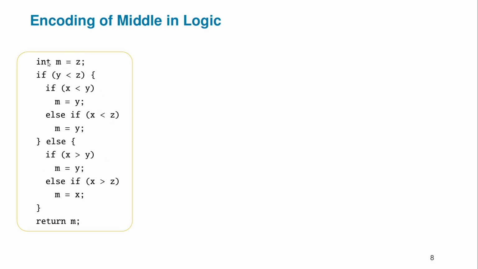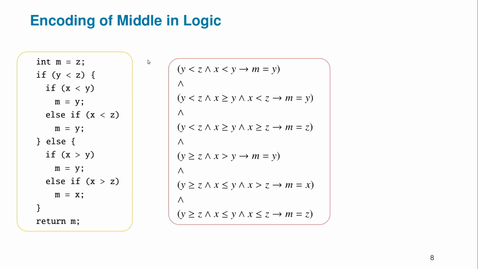And this is really easy because we do not have any loops, we do not have any complicated assignments, and what we can do is we can just translate the if-then-else statements according to the different branches we have here. If y is smaller than z and x is smaller than y, then m equals y. If y is smaller than z and x is larger or equal to y and x is smaller than z, then m is y, and so on.